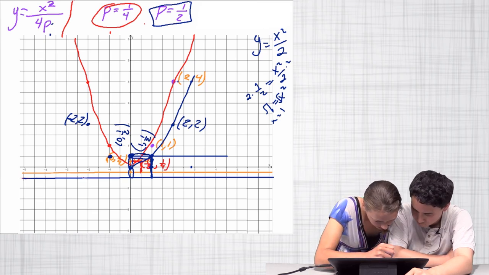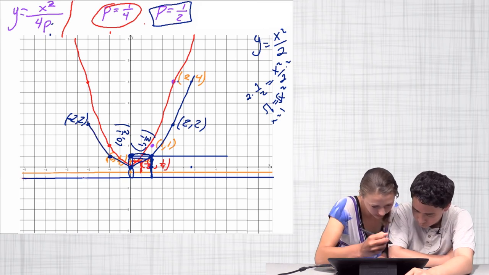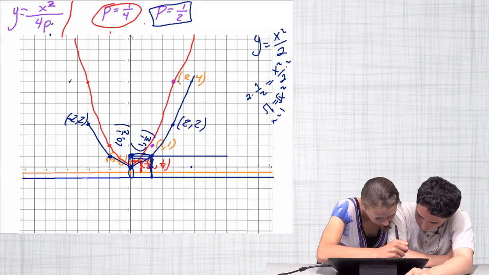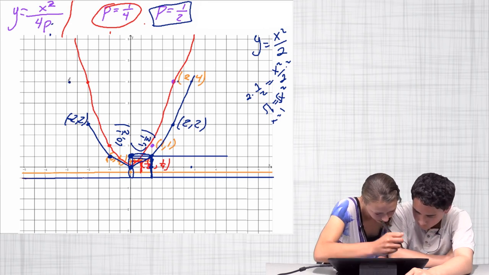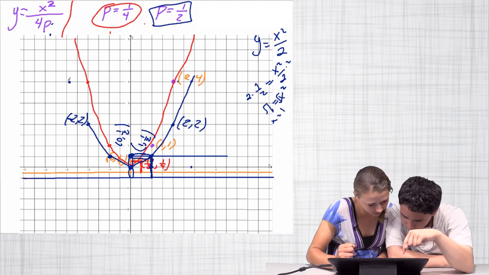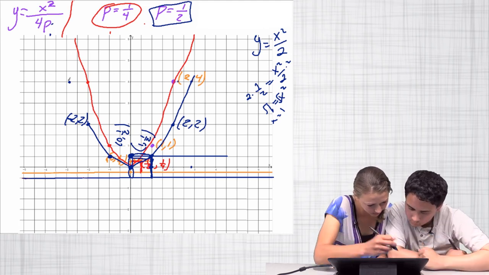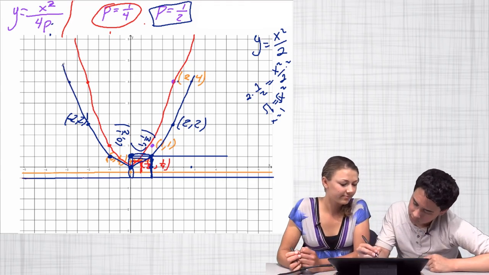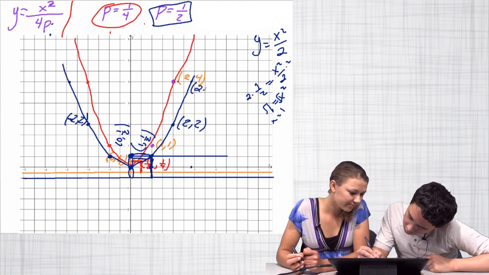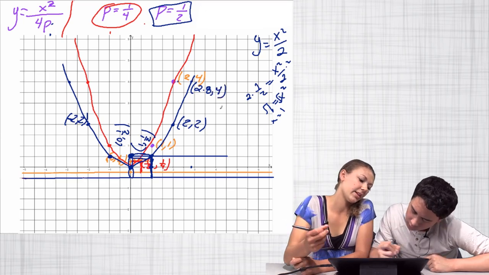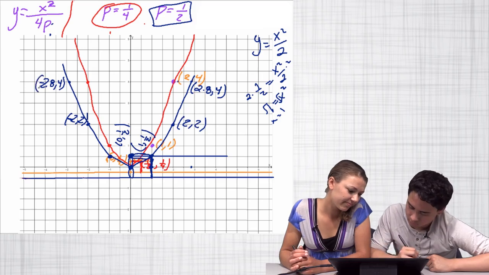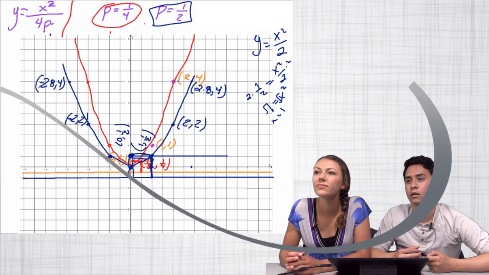This one is like there: negative 2.8 and 4 up. This is 2.8, comma 4. And then negative 2.8, comma 4. I think you figured out a lot.